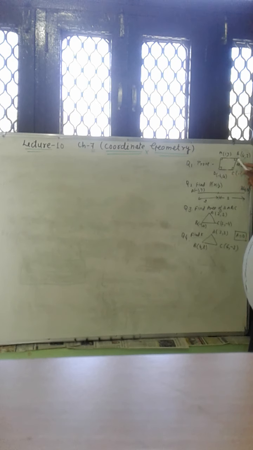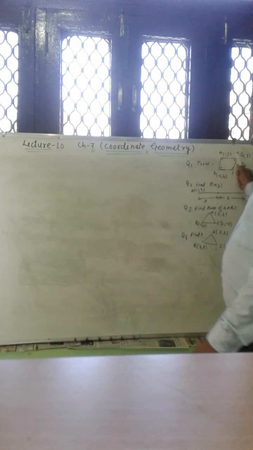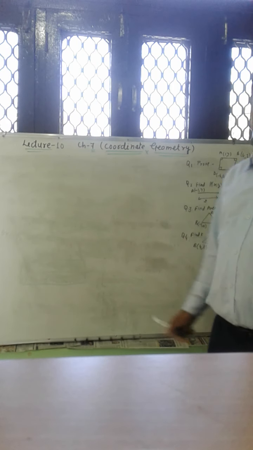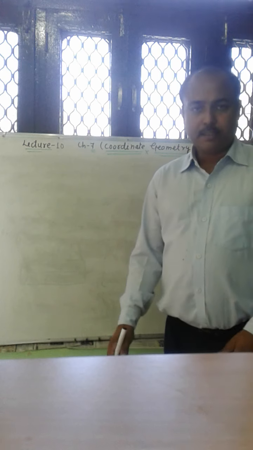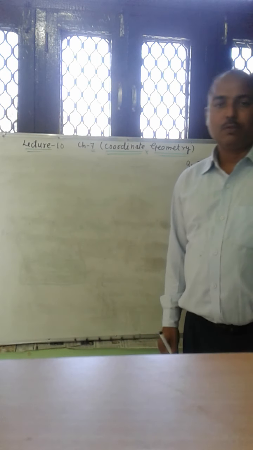If ABCD is a rectangle, then the opposite sides AB equals CD and BC equals AD, and in a rectangle the diagonals are also equal.